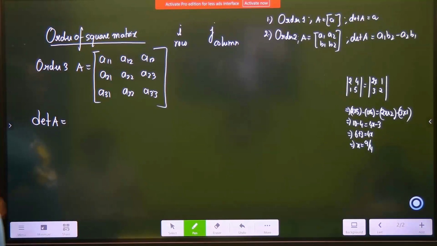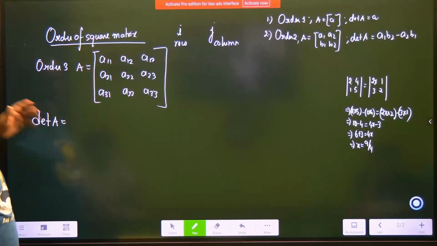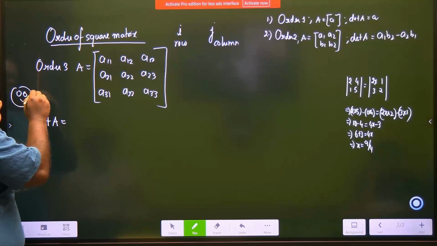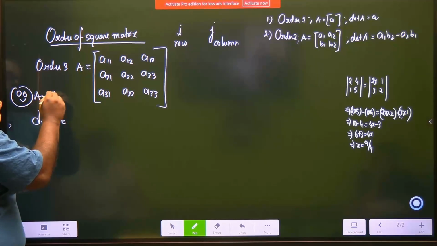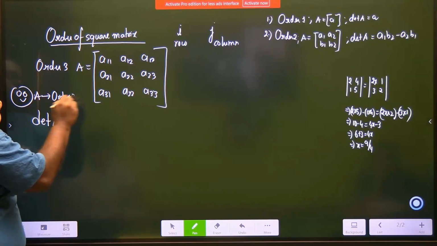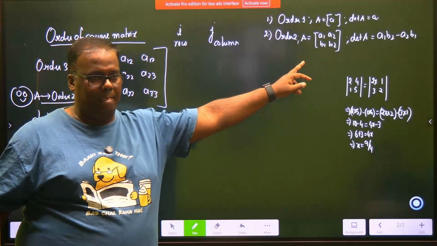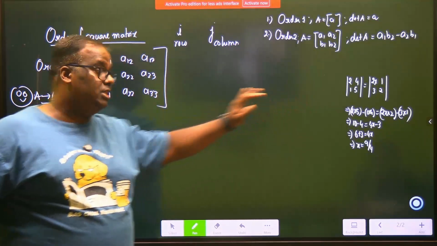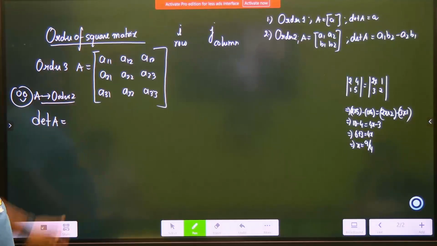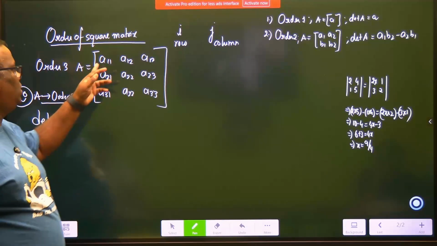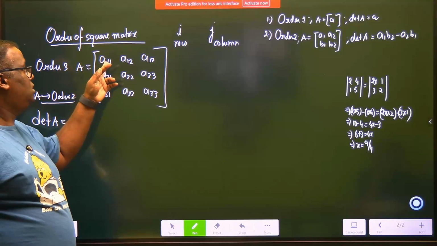Now your first job should be to think in your mind how to express this matrix in order 2, because once you make order 2, your life becomes easy. But this is order 3. How to make it order 2? Now, there are some positions. Look at this particular element.